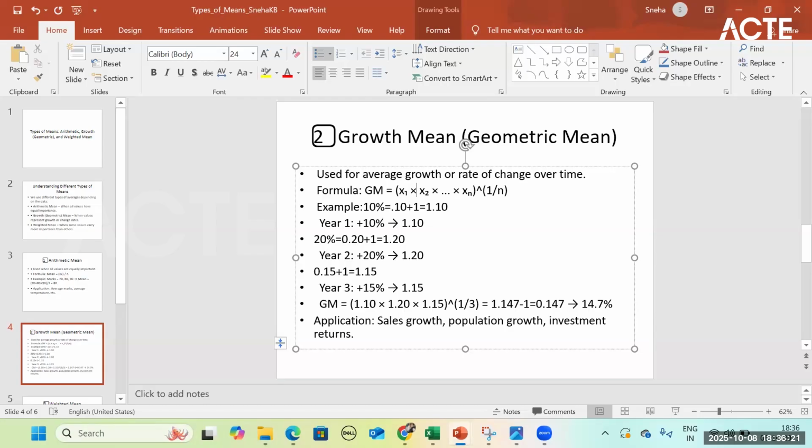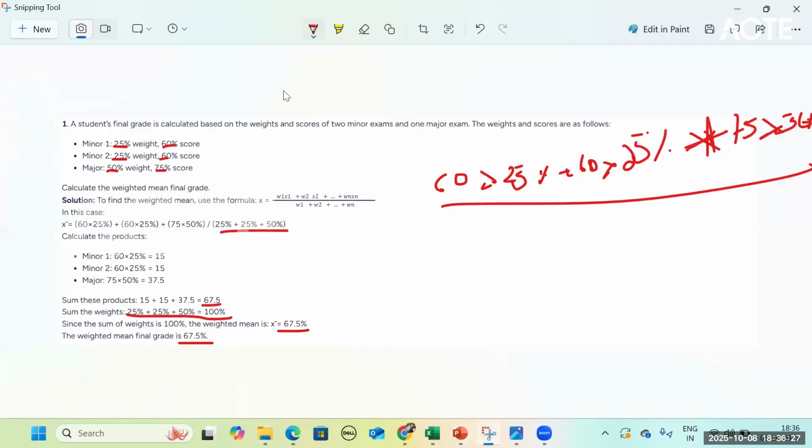So if I say, for example, I have a company which has 10% of increment. This is only profit I'm taking. 10% of profit, then 20% of profit, then 30% of profit, in year 1, year 2 and year 3.